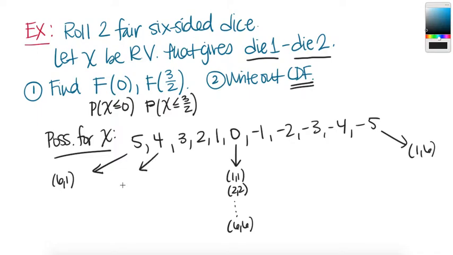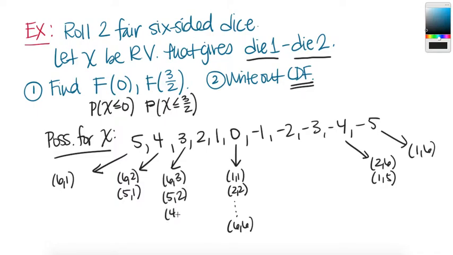So for 4, we could have 6 and 2, or 5 and 1, and those are going to be flipped around: 2,6 and 1,5. For 3, we have 6 and 3, 5 and 2, 4 and 1, and those are flipped around to give you -3.